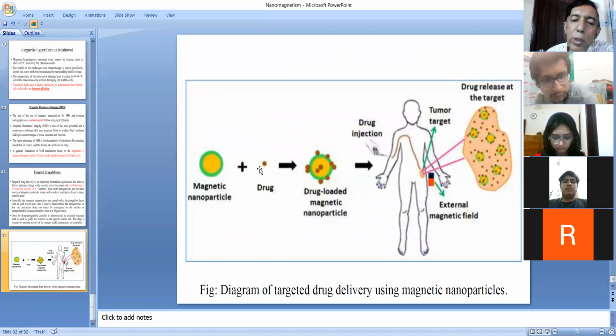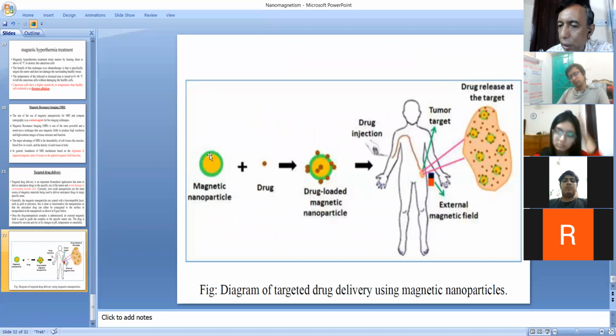Outside your body, you attach this drug to that magnetic nanoparticle. Now, if you inject this, then you can guide this material by means of a magnet outside your body to the affected cell.